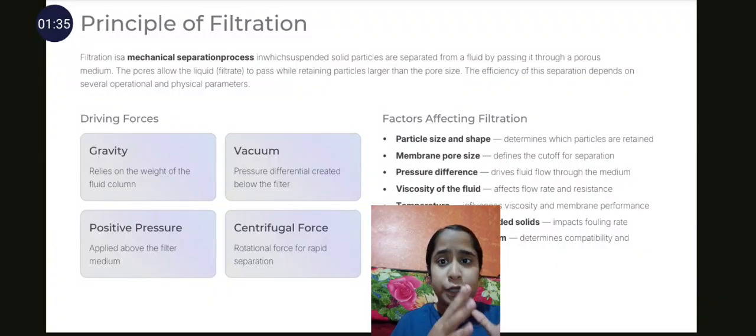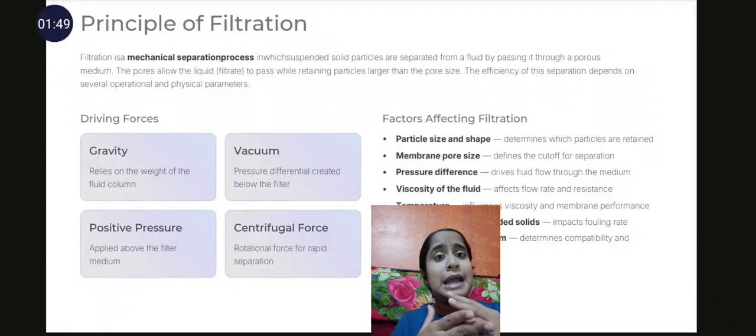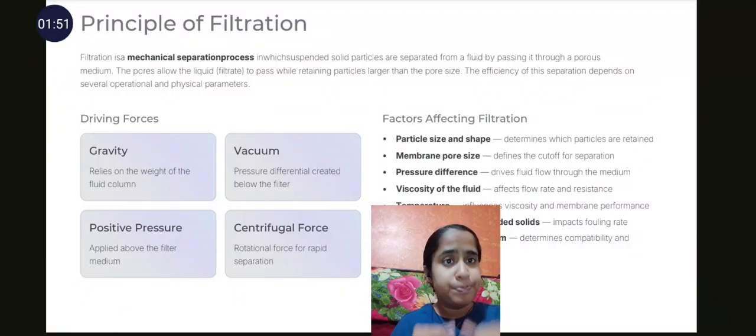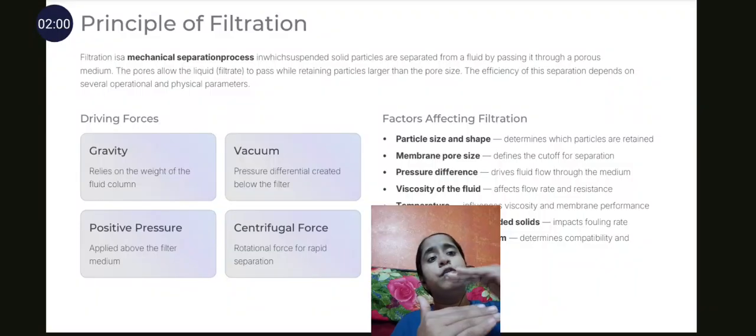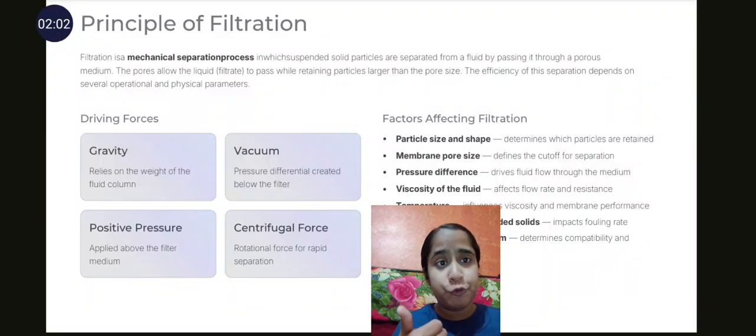The movement of liquid through the filter is produced by driving forces such as gravity, vacuum, positive pressure, and centrifugal forces. Gravity relies on the weight of the fluid column. Vacuum is a pressure differential created below the filter. Positive pressure is applied above the filter medium, and centrifugal force is a rotational force for rapid separation.